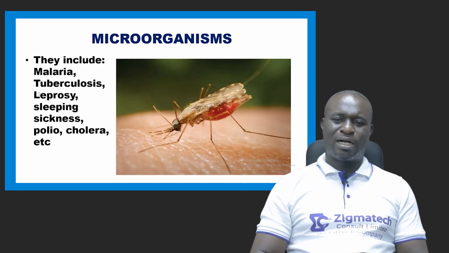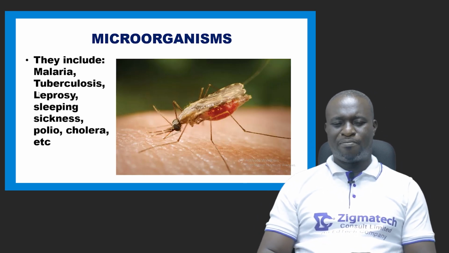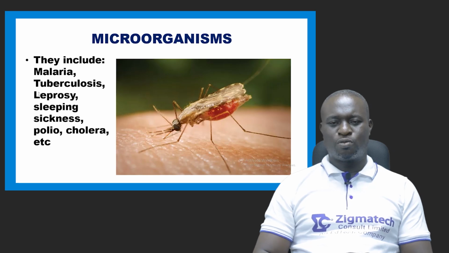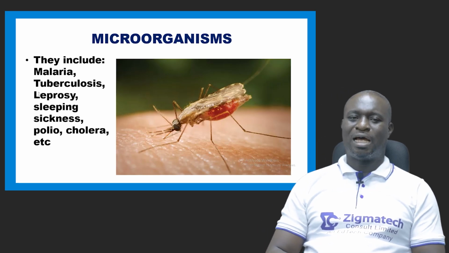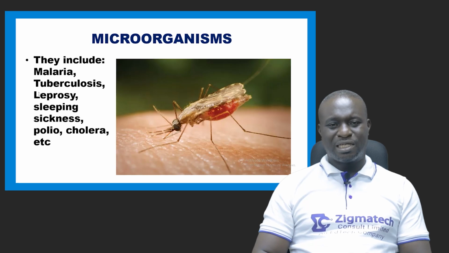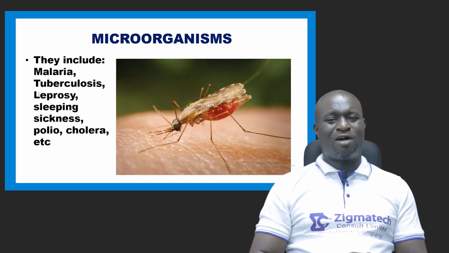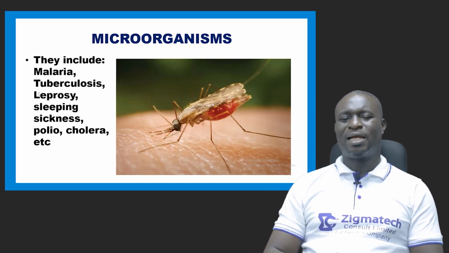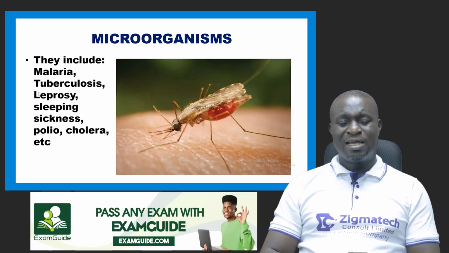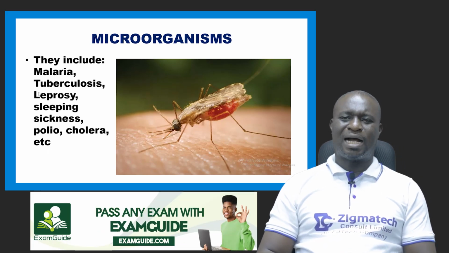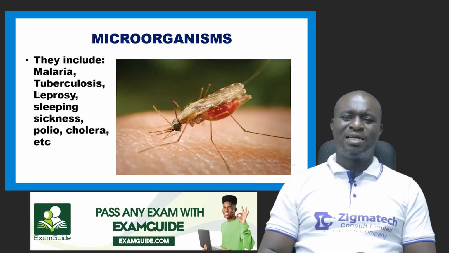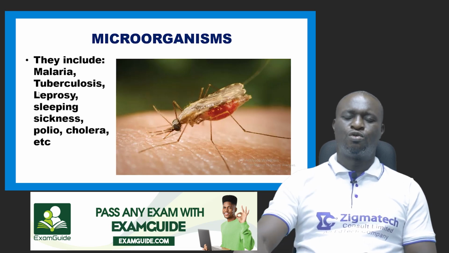We also have tuberculosis, which is caused by a bacterium called Mycobacterium tuberculosis. We also have leprosy. We have sleeping sickness caused by the tsetse fly. We have polio. We have cholera transmitted by housefly, and so on. All these are diseases that are caused by microorganisms.